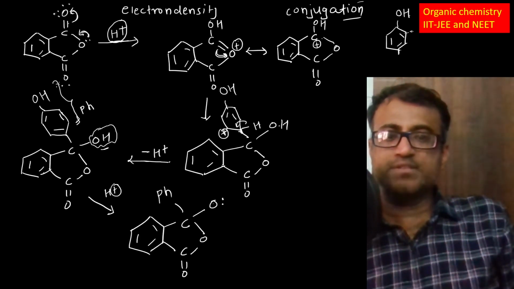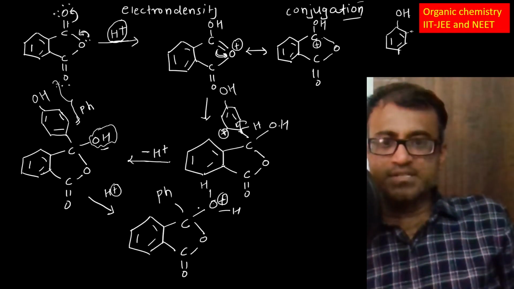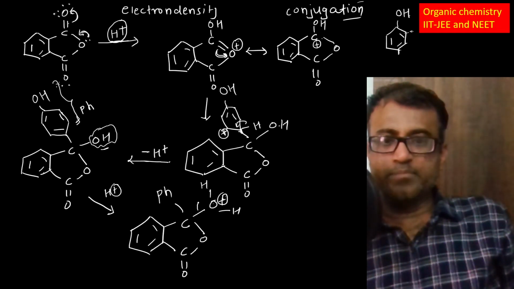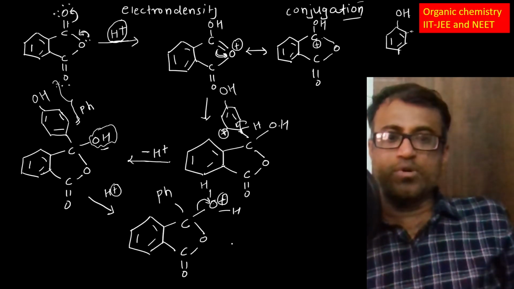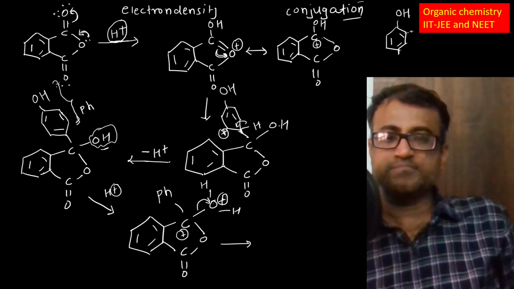After protonation we will have a structure like this, with a positive charge on this carbon atom. This takes the bonded pair, water is removed from the molecule, and the plus charge comes over here.